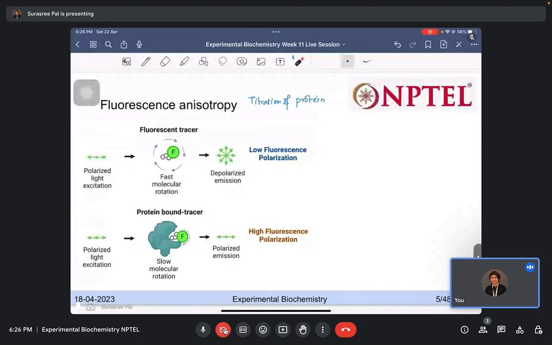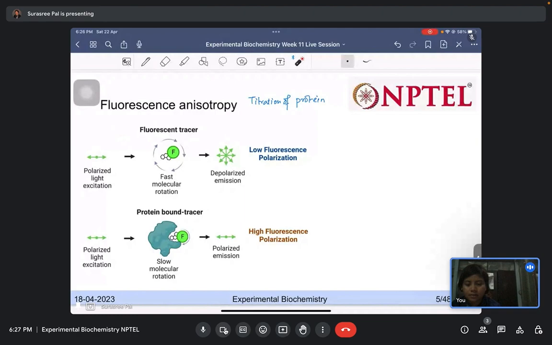The basic principle of fluorescence anisotropy is that there is polarized light, and the polarized light is passed through the ligand solution. Here you have to remember that the ligand is labeled, mostly fluorescently labeled.